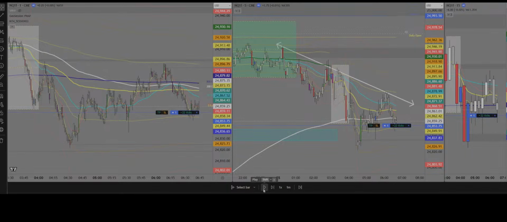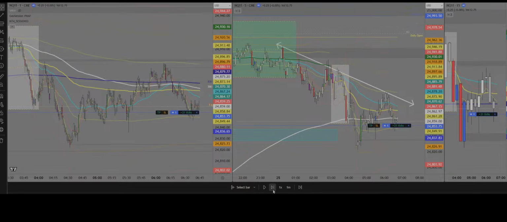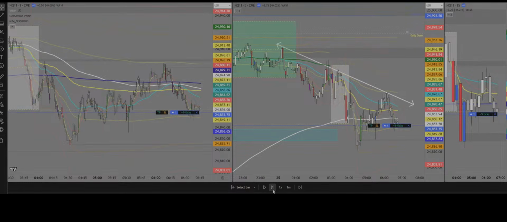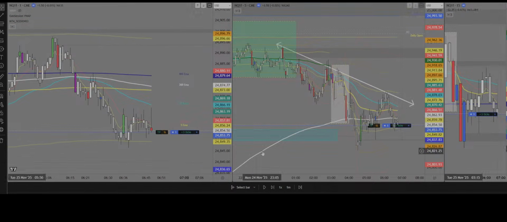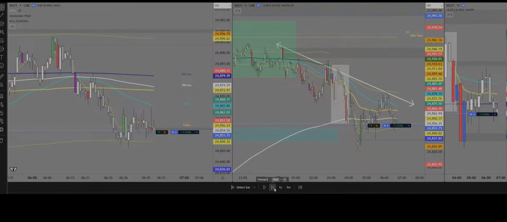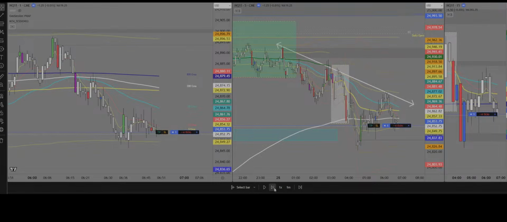So, no lie, I probably would have been break even already right here. But I wanna, we'll just see. Okay, that's kind of a bit of a scary hammer candle there. Give it one more. Okay, another one. It's literally sitting here doing nothing.